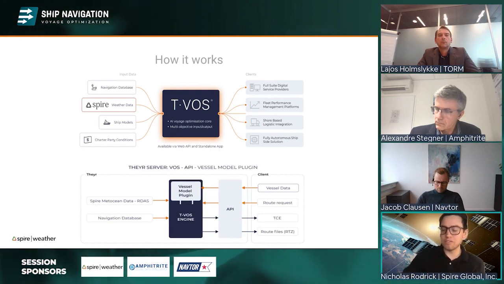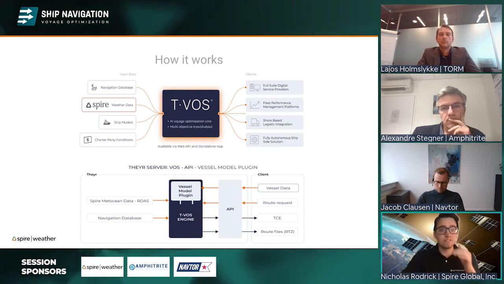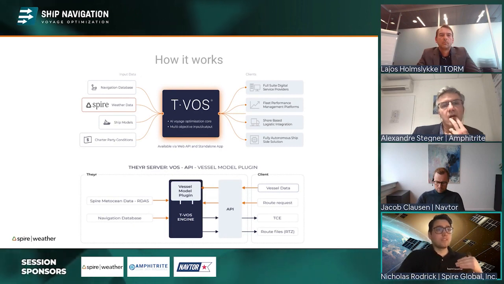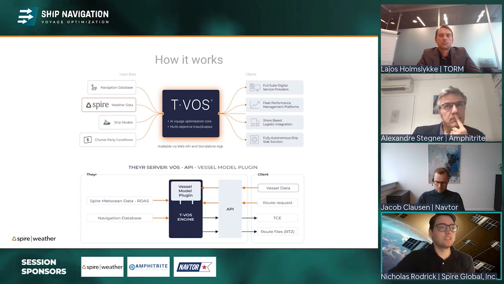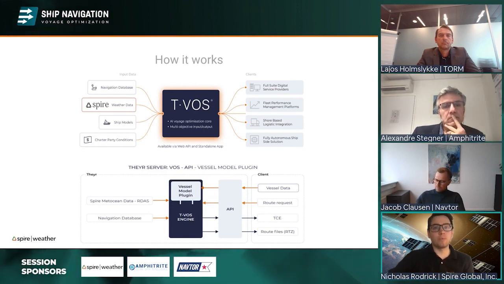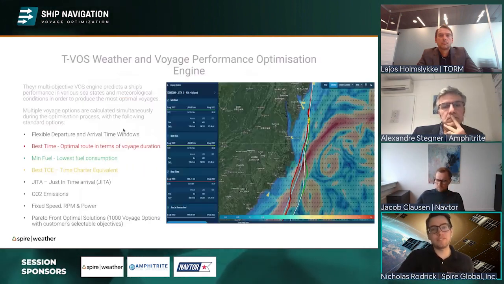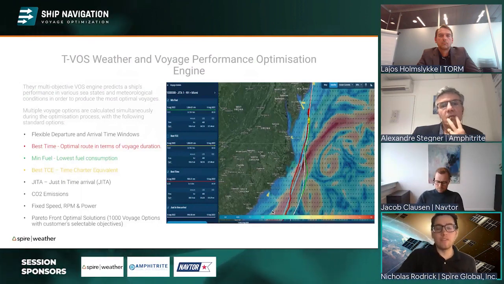We have an example here on the next slide where this optimized performance engine can take all of this into account, and it's all through an API that's very customizable. If you give us a weather route, for example, on the right-hand side, it will calculate 300,000 potential routes all in one API call.